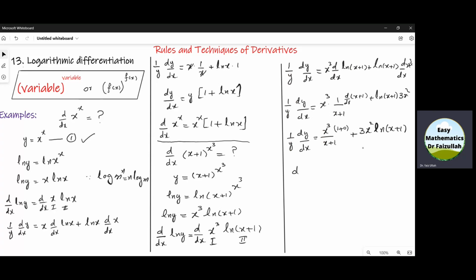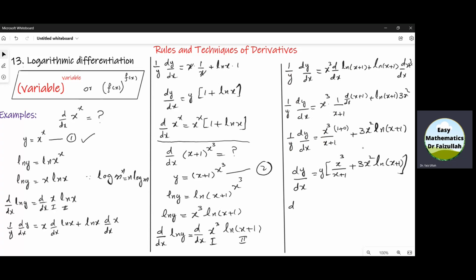Now let us take y to right hand side. So we have dy by dx is equal to y into [x cube divided by (x + 1) plus 3x square log of (x + 1)]. In the last step, let us re-put the value of y, let us say from 2.